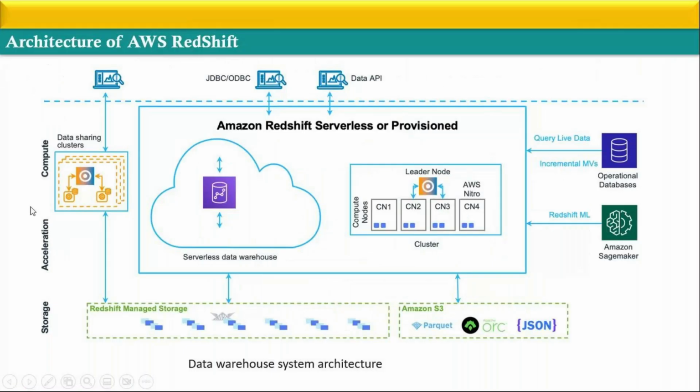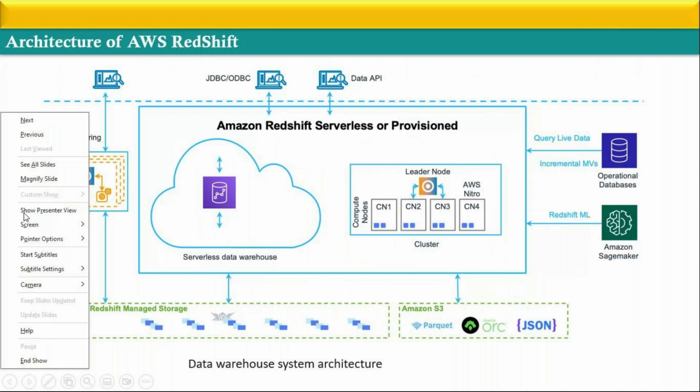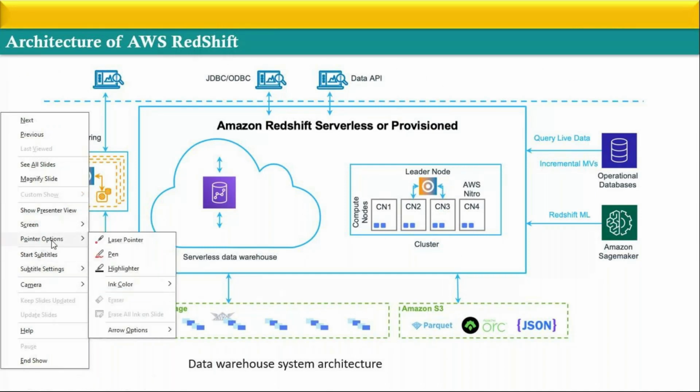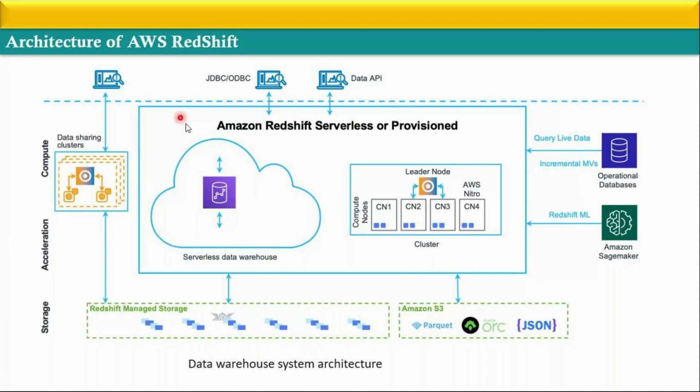Inside Redshift, we have multiple slave machines and a master machine. The master is nothing but the leader node over here, and the slave machines are known as compute nodes.